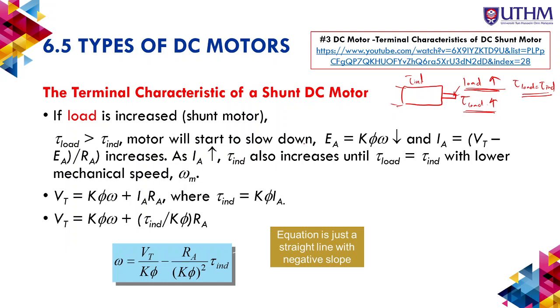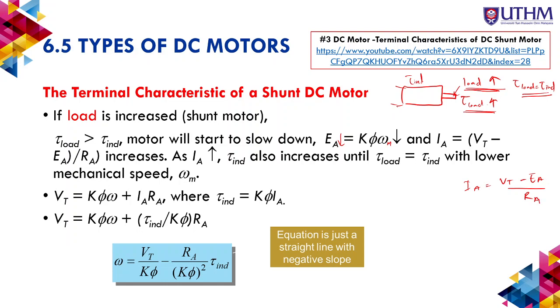So what happens when the motor slows down? We see from the equation that Ea will be affected, because this is the rotor shaft, the shaft of the motor rotation. So when the speed decreases, Ea will decrease. As I mentioned before, Ia is equal to Vt minus Ea over Ra.